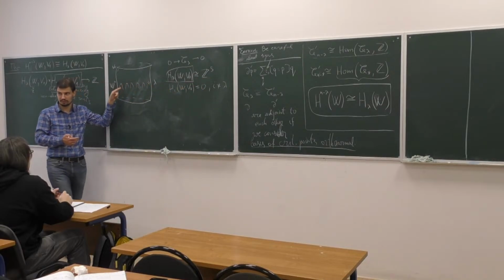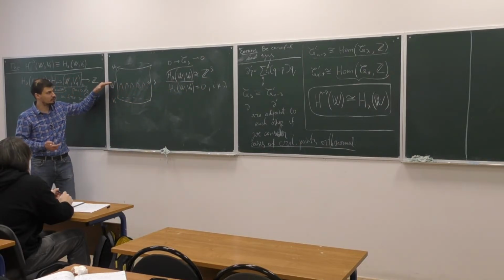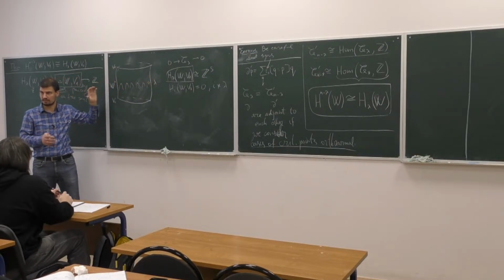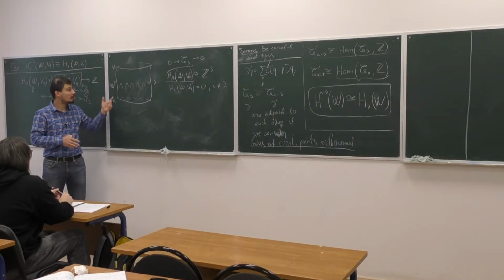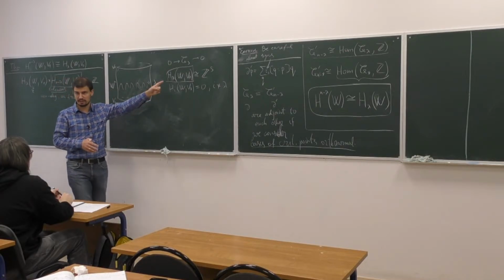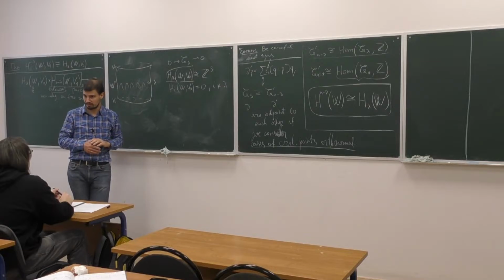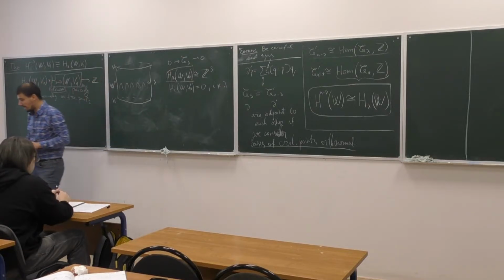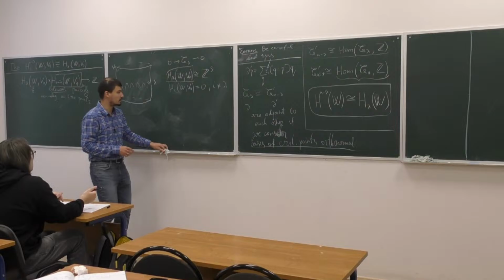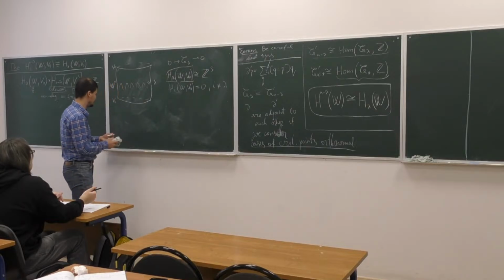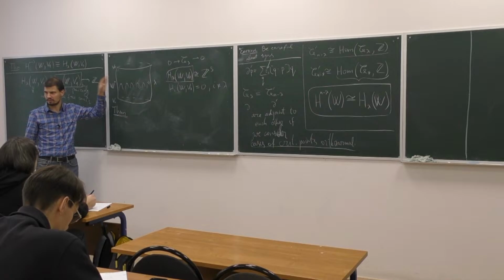Can we organize a Morse function with all critical points of index lambda on the same level, so that this basis is the basis of the left-hand disks? And the answer is yes, but as usual under some conditions, which are very simple.